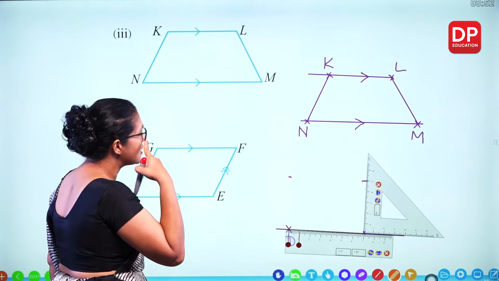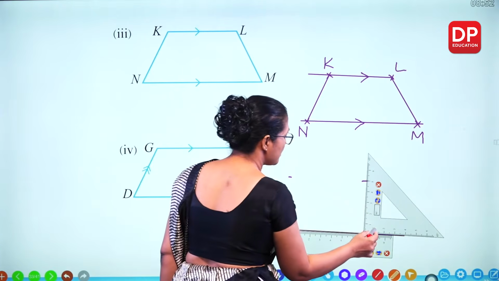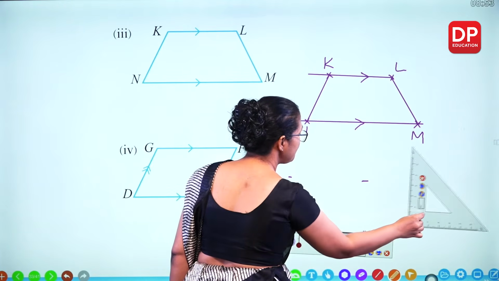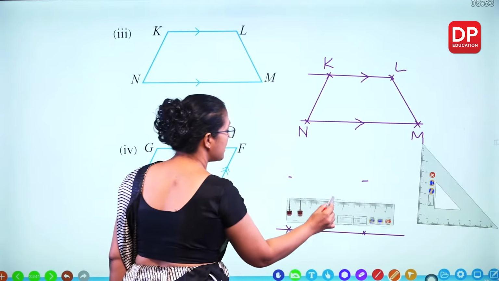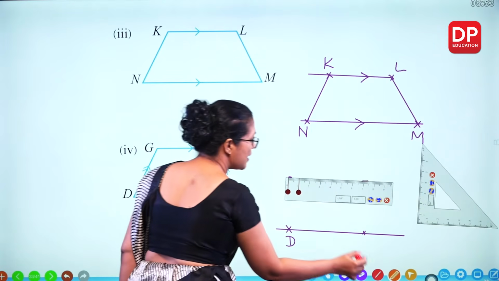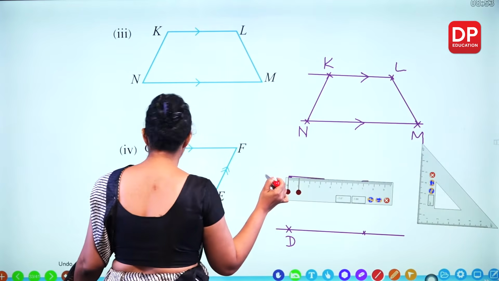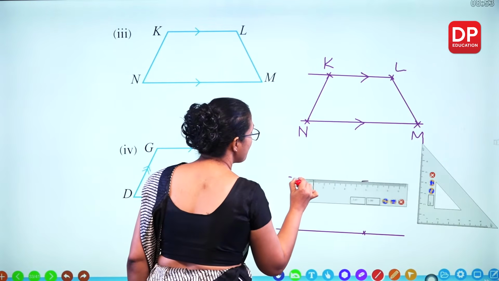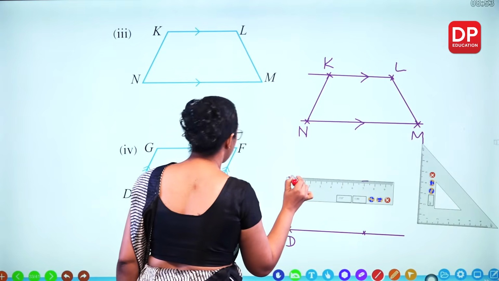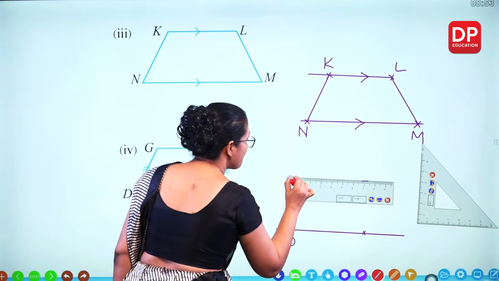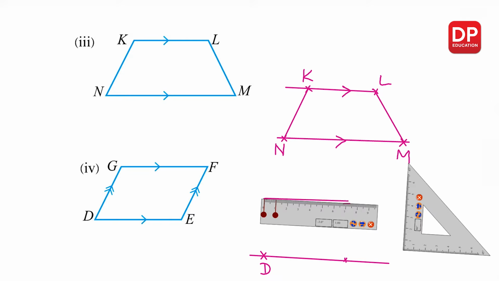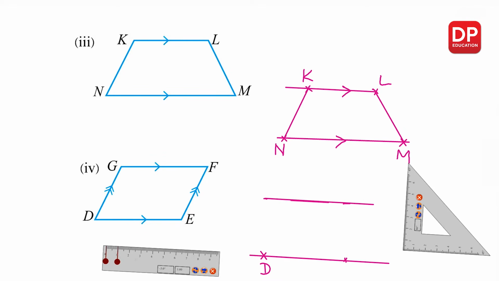So this means these are parallel. So when you take the ruler and connect, this line is parallel. You can connect the 2 points. So these 2 lines are parallel.